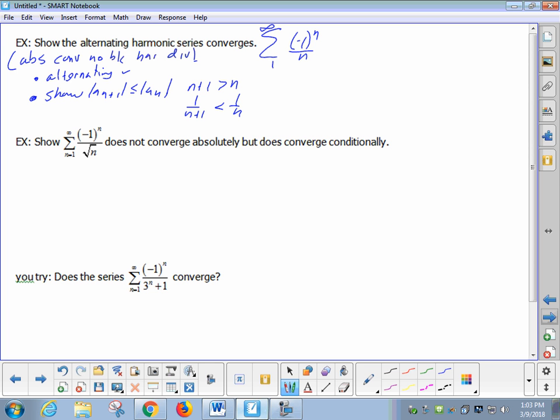Didn't I just therefore show that the absolute value of the n plus 1th term is less than the nth term? I basically just showed the terms decrease, right? 1/4 is less than the one before it, 1/3, and so on.